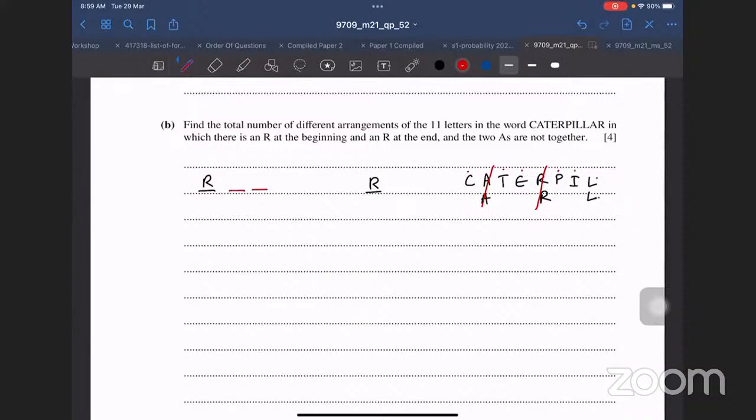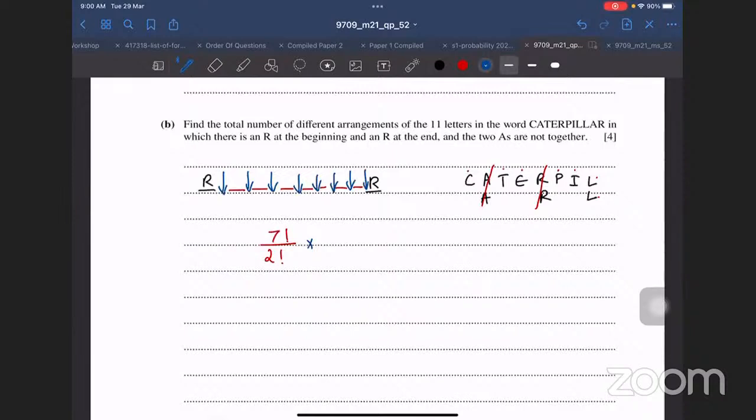So I'm going to say that there are 7 letters here. So I'm going to say 7 factorial divided by 2 factorial because there are 2 L's involved. Then A's could appear in any of these positions. How many positions? There are 8 positions.